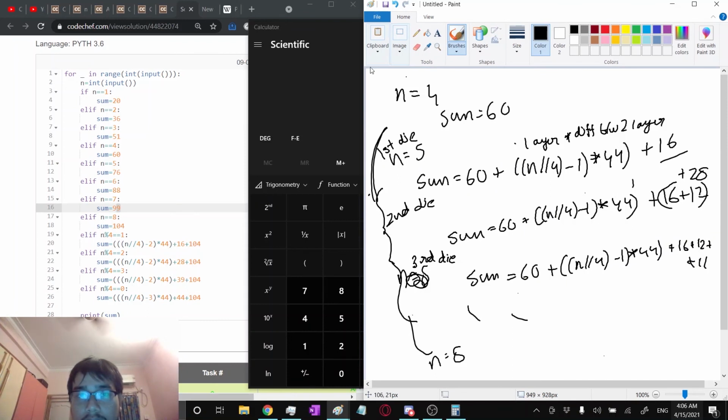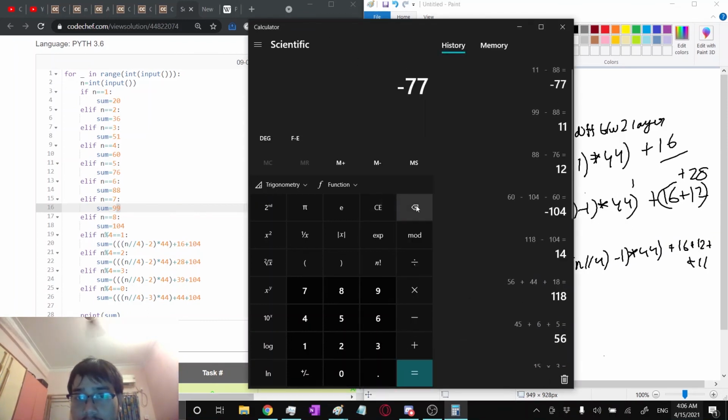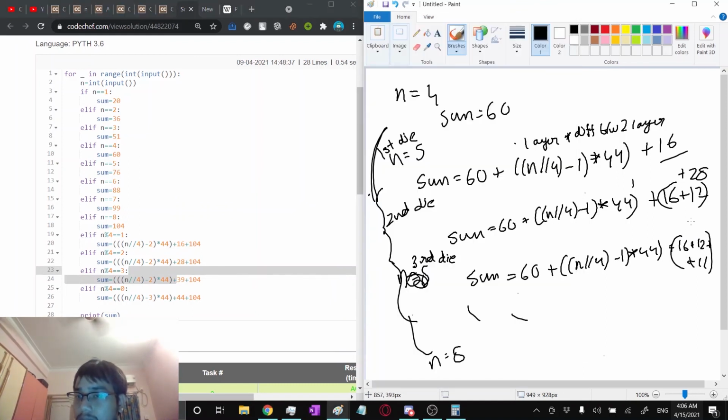If I add all these three, 11 plus 12 plus 16, we get 39. We get 39. And for n equal to 4, fourth die, that is n equal to 8 itself, our sum is 16.